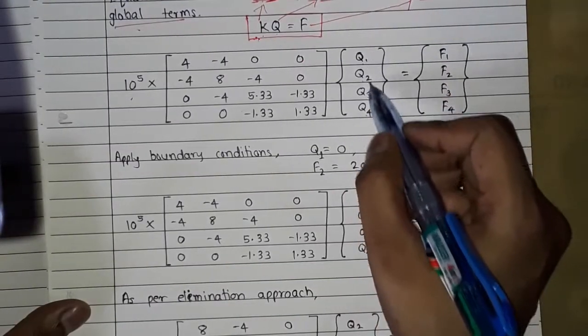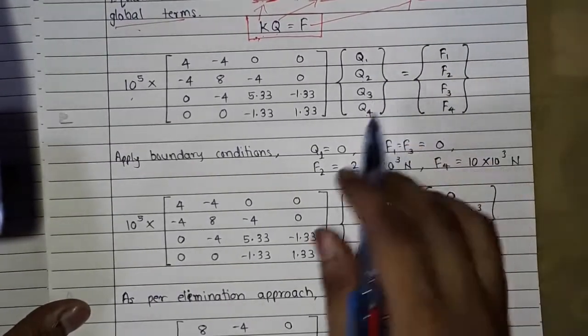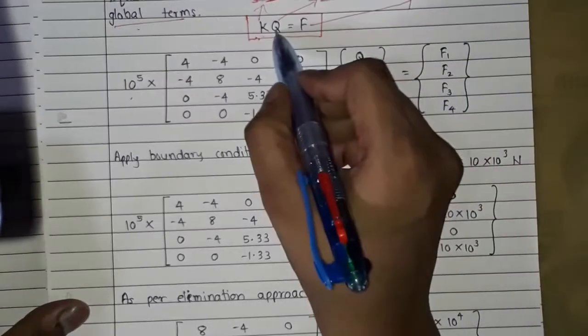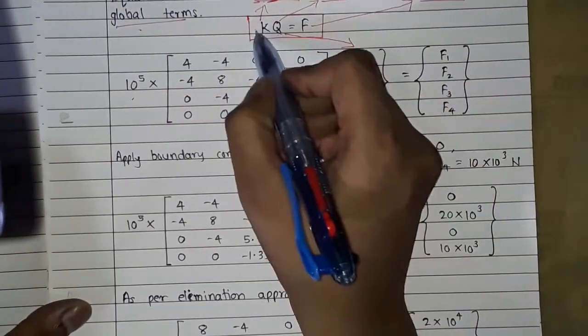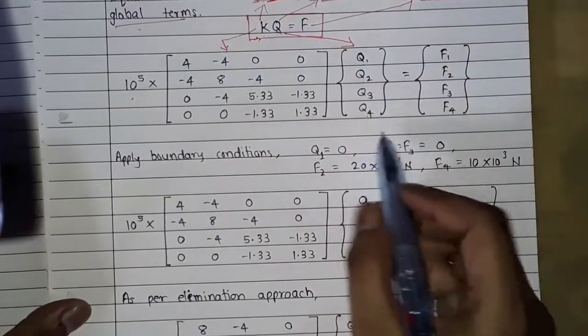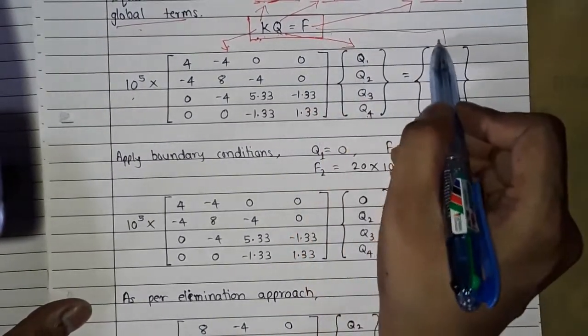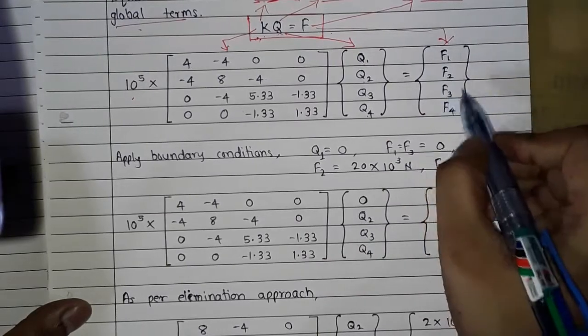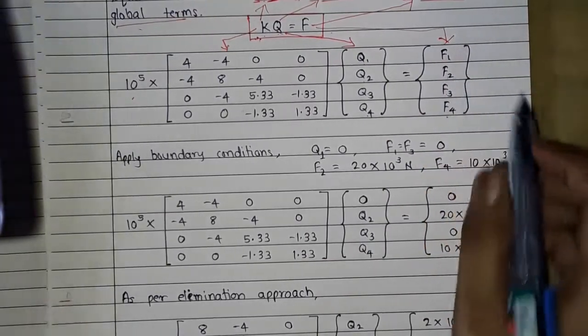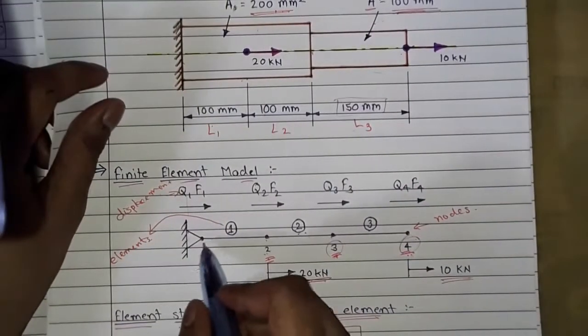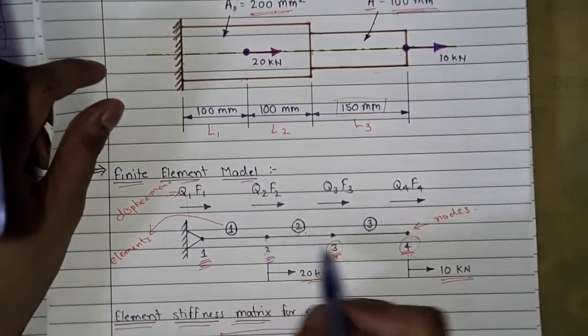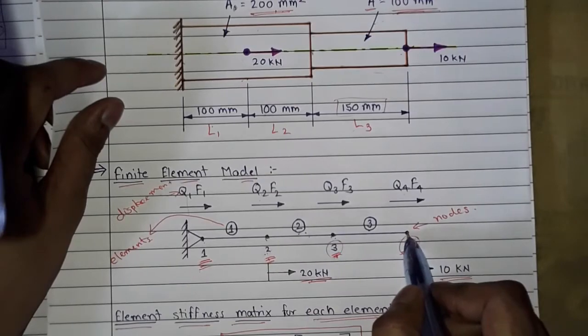So Q1, Q2, Q3, Q4 in vertical. And now for force it is F1, F2, F3, F4 in vertical. Here, friends, in the diagram, the F1 is here, F2 is here, F3 is here, F4 is here, as we can see here.